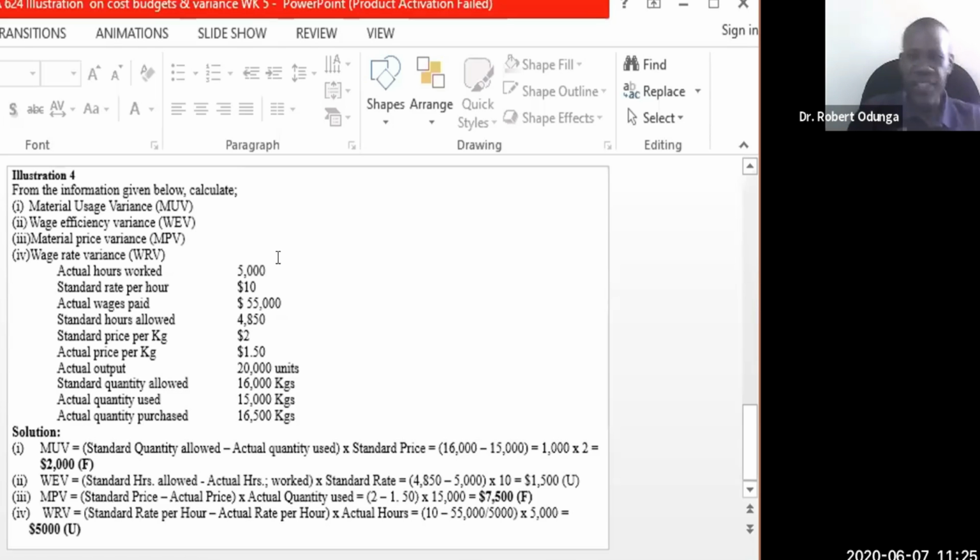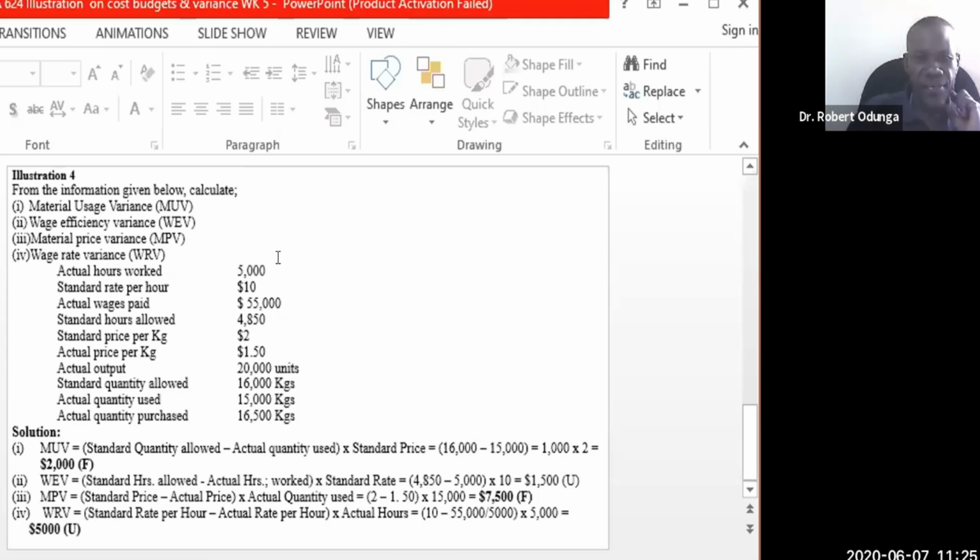So you can see these are mixed. You have been asked to determine the wages, and then again the material. So you can get a question that will require you to determine one or two areas of the costs, either material, labor, or overheads.